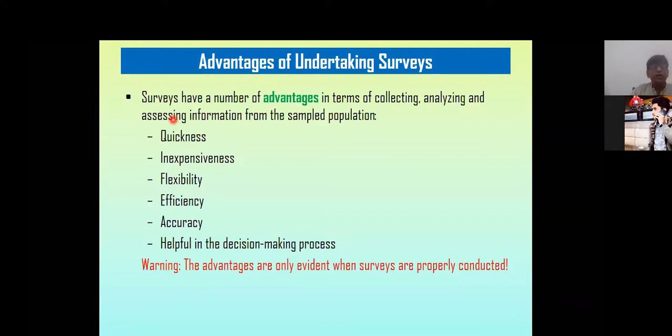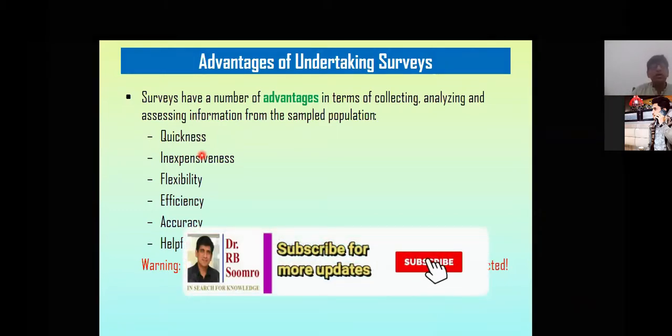That's why its quickness is lower than the quickness of the survey. It is also inexpensive, very cheap. There is just the expense of photocopy paper, typing and printing. Except for this, if you compare it with the qualitative survey, again this one is inexpensive.